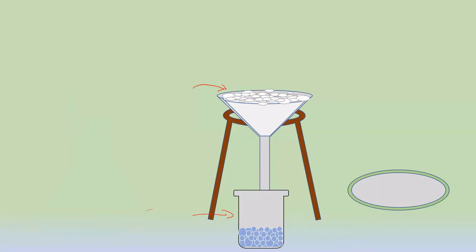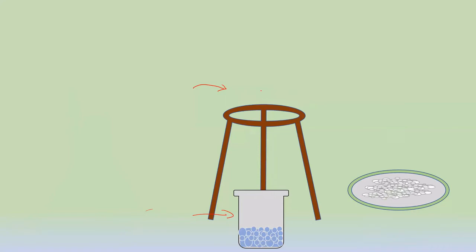So I'm going to take this watch glass, dry it, and note down the weight of the empty watch glass. Right now, the weight of the empty watch glass is 1.304 gram. You can make a note of this in your notebook: weight of the dry and clean watch glass is 1.304. Now transfer this solid benzoic acid to this watch glass.